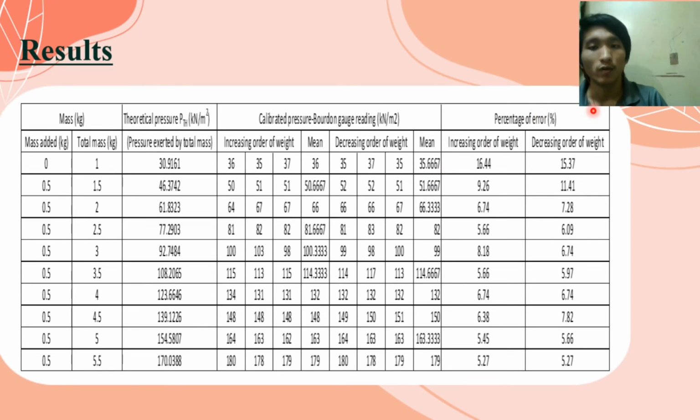Okay, the last column is the percentage error. It is also divided into two, where the first is increasing order of weight, and the second one is decreasing order of weight. Both of these data we are going to use in our calculation in the next slide.